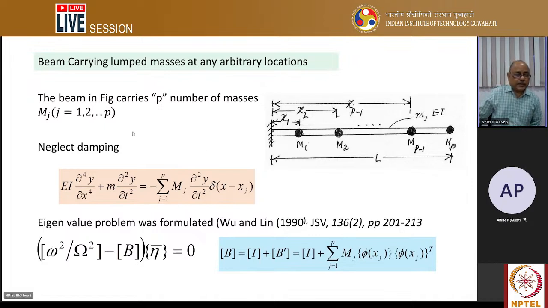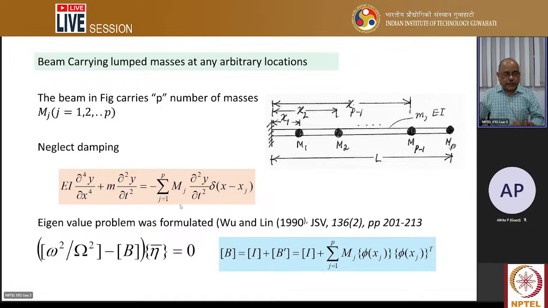Now, suppose we neglect damping, then the equation of motion can be written as EI ∂⁴y/∂x⁴ + m ∂²y/∂t² = −Σ (j=1 to P) Mj ∂²y/∂t² δ(x − xj). The Dirac delta is used to specify the location of the concentrated mass.